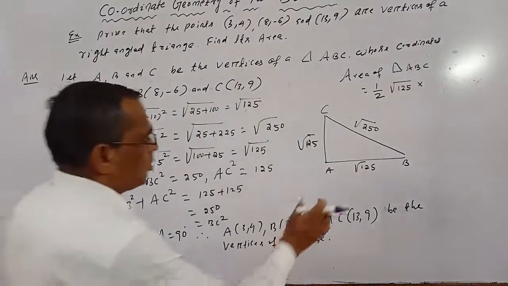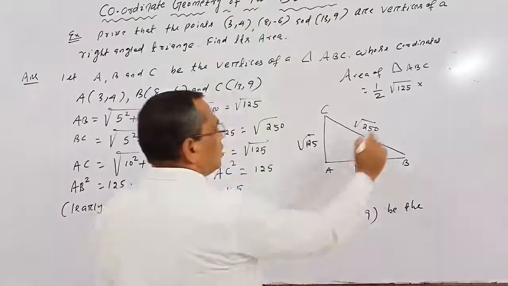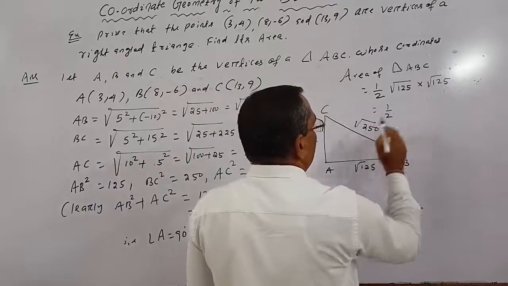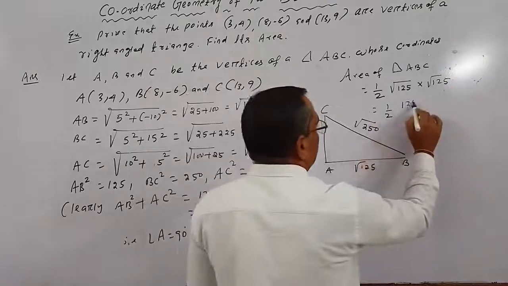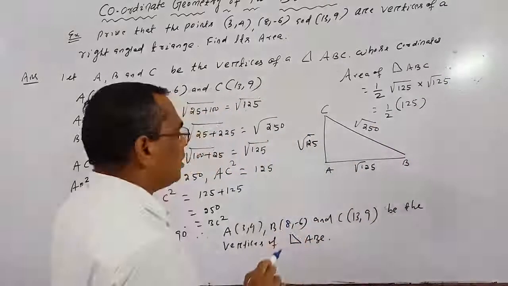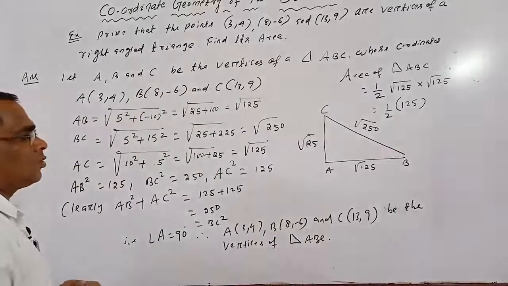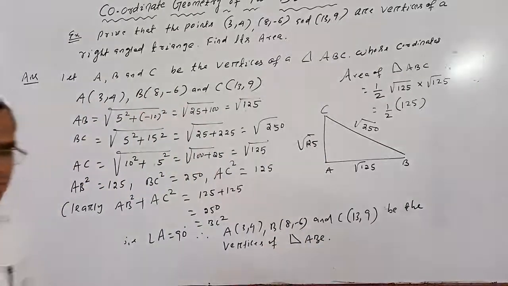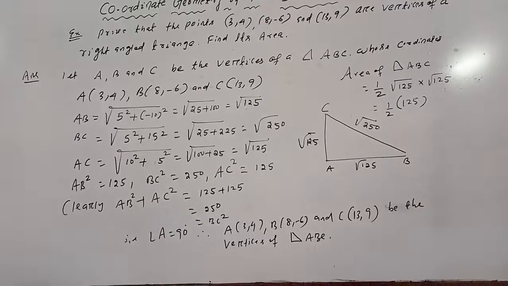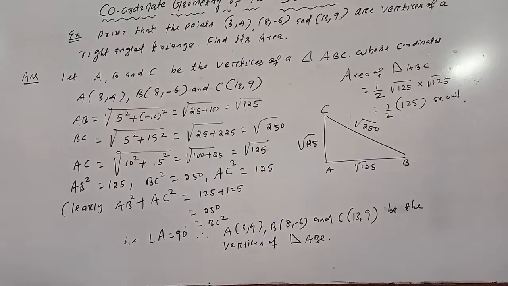Here the base is root over 125 and the height is root over 125, which is equal to half into 125. So the area equals 125 by 2 square units.